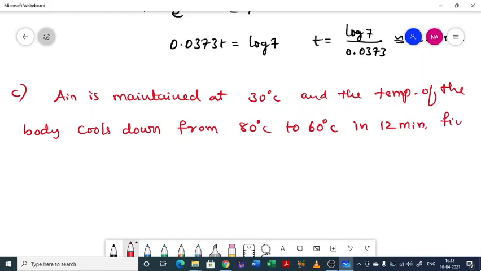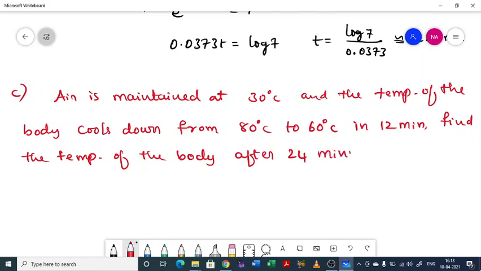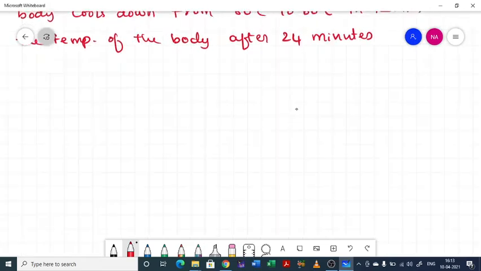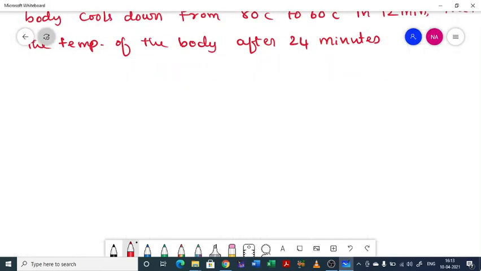Find the temperature of the body after 24 minutes. So this problem is almost similar to problem A.